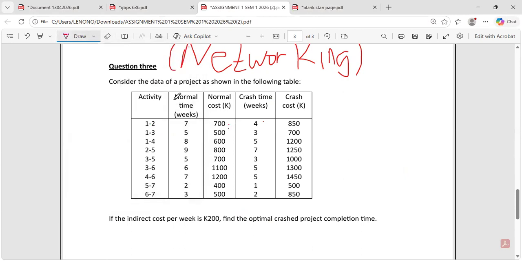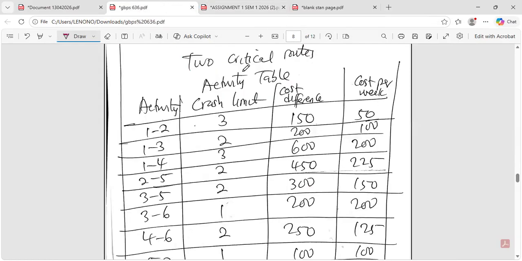The limit here is the difference between 7 and 4, which gives us a crash limit of 3. So this is how the crash limits were obtained.